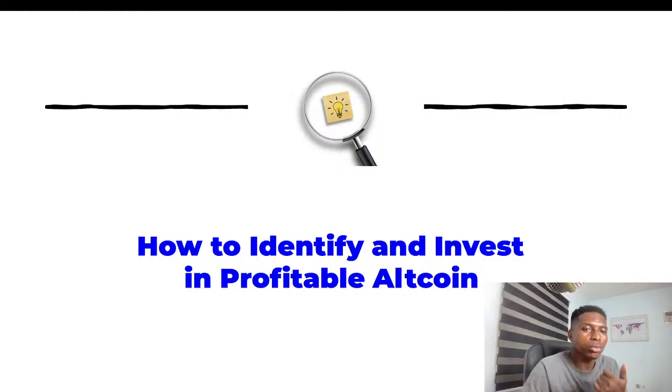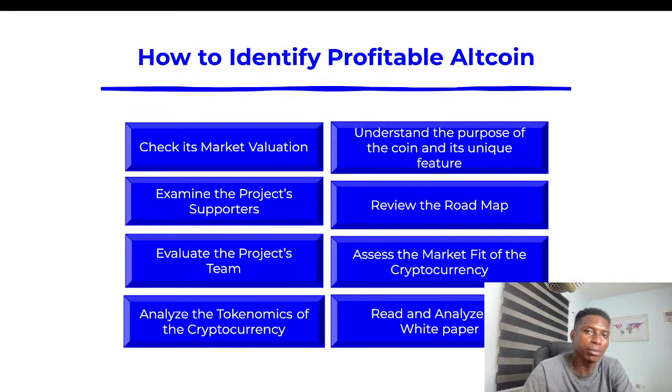Now, how do you identify and invest in profitable altcoins? Number one, you check through market valuations. Number two, you evaluate the projects and the team. You want to know the team involved. What is their vision?